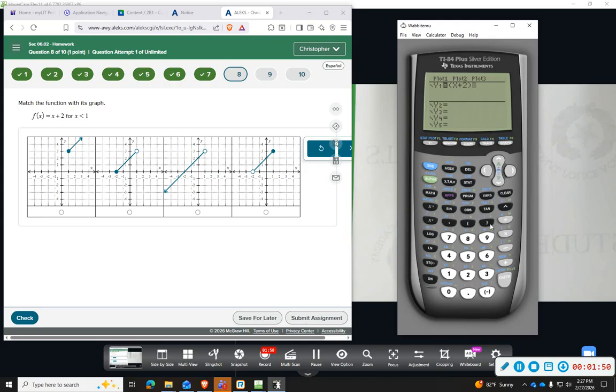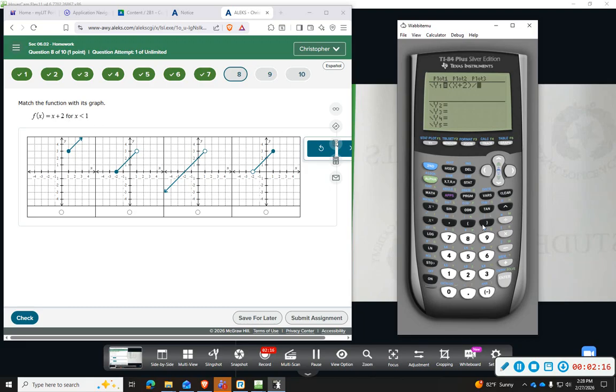Once we have the x plus 2, we are now going to do divided by. Divided by is what's going to allow us to impose the restriction. So type divided by, and then we are going to add the restriction.